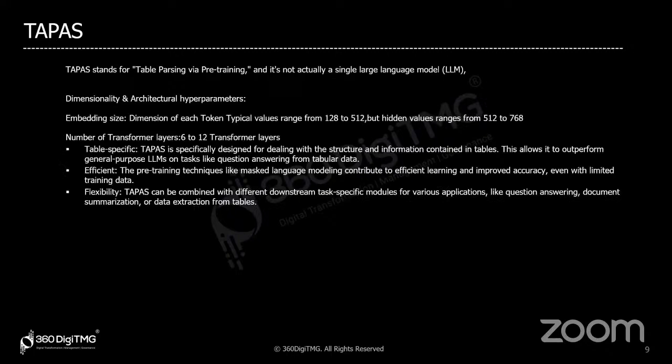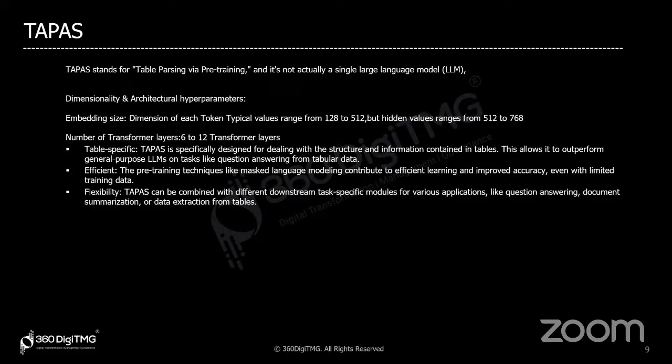Now there is TAPAS. It stands for table parsing by pre-training, and it's not actually a single large language model. So let's see about it. It is a specialized model designed specifically for tasks involving tabular data.